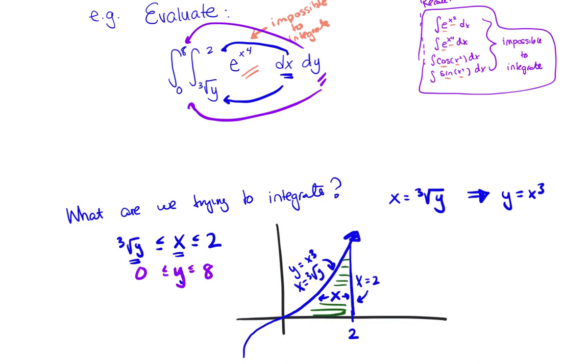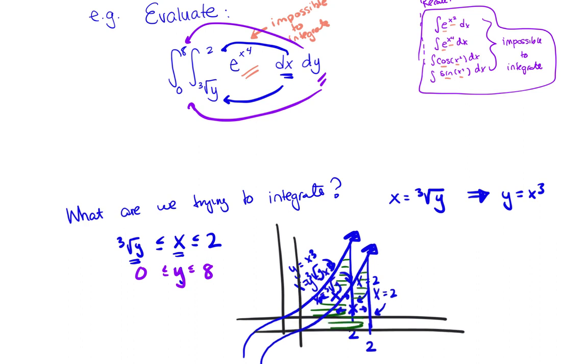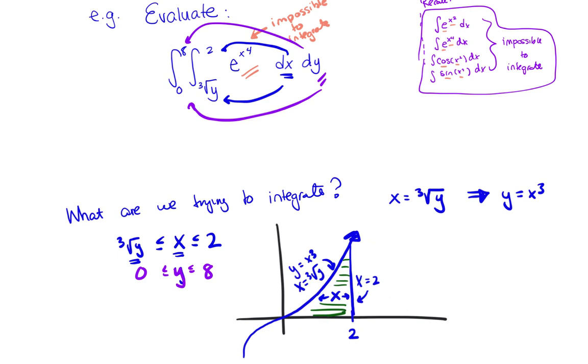So what we can do is rewrite this so that we have the y first instead of the x first, and that's going to allow us to actually do this integral. Let's pop into the next page so that we can do that. I'm going to bring this picture with me and copy it so that we have it with us.